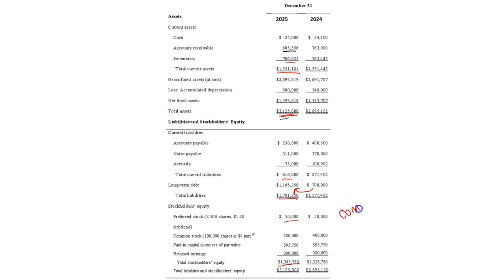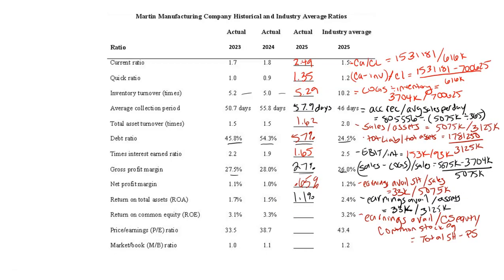So common stock equity is equal to the $1,343,750 minus $50,000. So that's total shareholder equity minus preferred stock. And so we get $1,293,750. So we can plug that in.